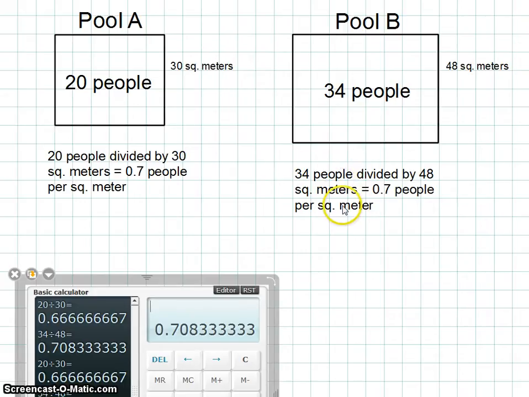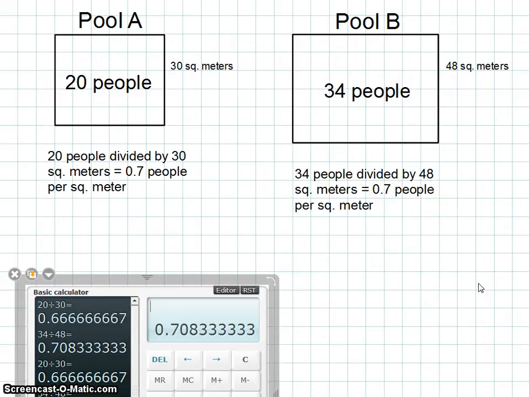So again, by trying to find out how many people there will be per square meter for each swimming pool, we end up finding out that pool B is more crowded than pool A, right?